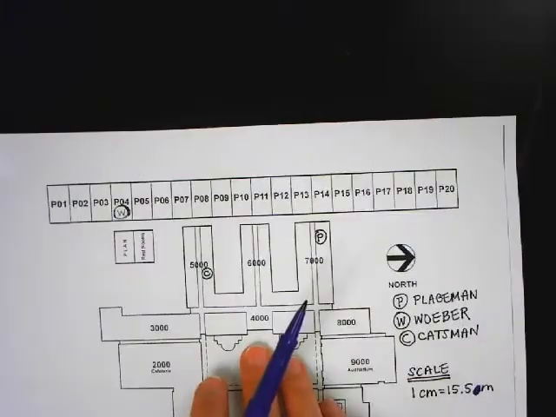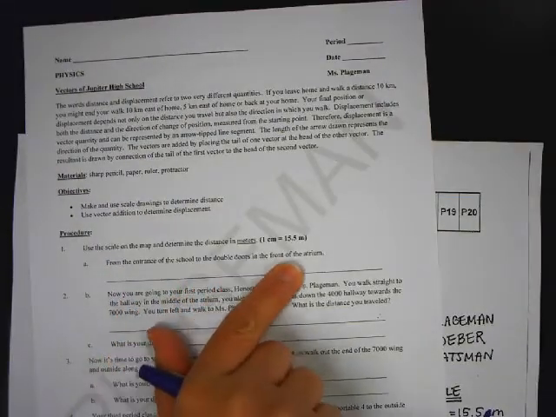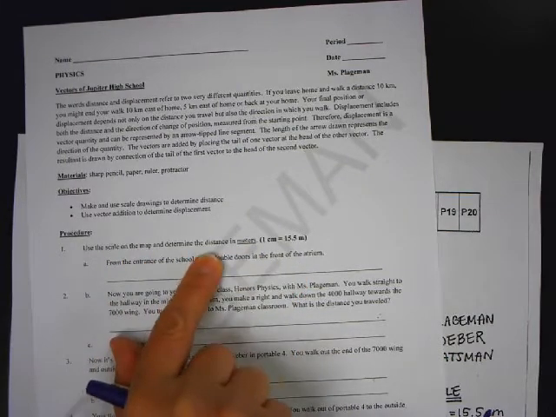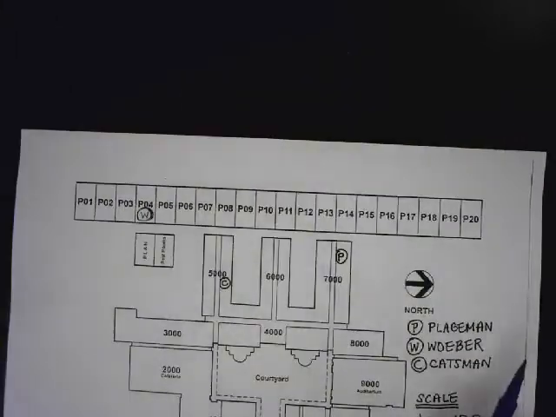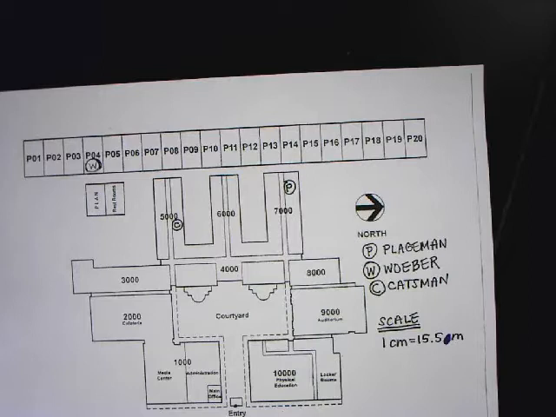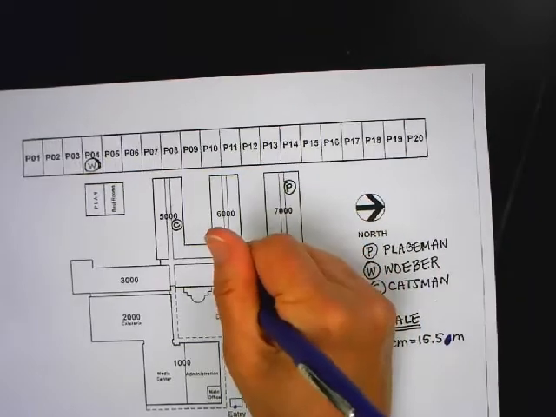You're going to pick a starting point. So here, from the entrance of the school to the double doors in front of the atrium. It says use the scale on the map and determine the distance in meters. So you start right here at the entrance of the school, and they want to know how far it is to the double doors at the front of the atrium, which is right here.